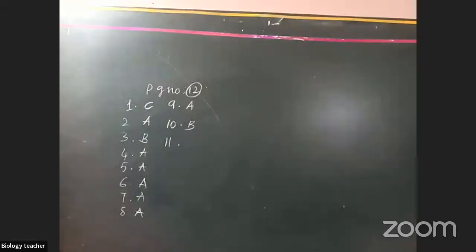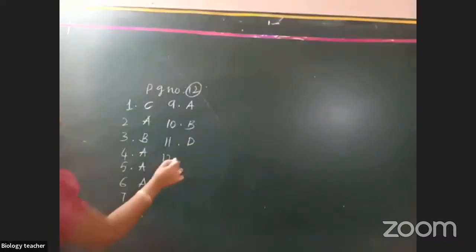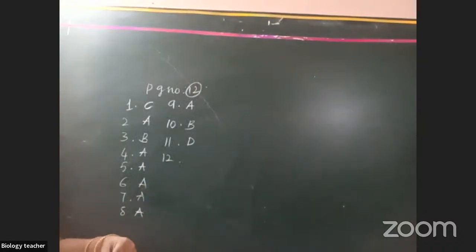11th one. The process of introducing seeds into the soil is called sowing. Keeping seeds is known as what? Sowing. Next. When a small amount of garden soil is put into a glass jar containing water, stirred and allowed to stand for 2 hours, the layers from top to bottom could be debris, water, sand, and clay.